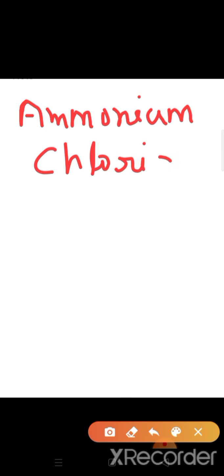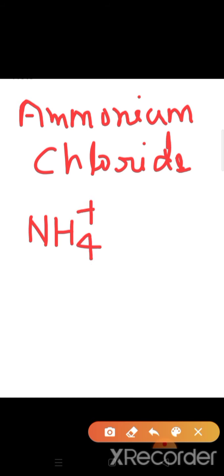That is Cl negative. What is the valency of ammonium? 1. What is the valency of chloride? That is also 1. Valencies are cross transferred. It gives the molecular formula NH4Cl. So the molecular formula of ammonium chloride is NH4Cl.